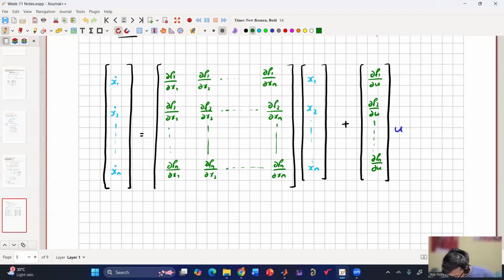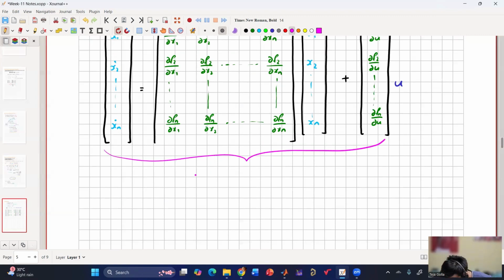So now what I will do is calculate the matrices for each of the equilibrium points, and then we'll get different ABCD matrices for each of the equilibrium points.